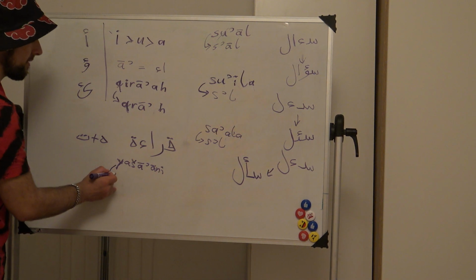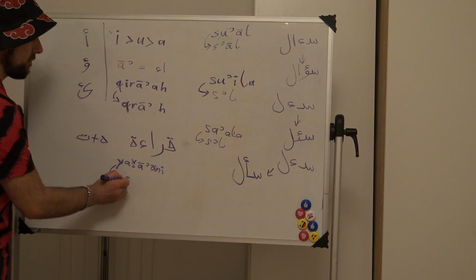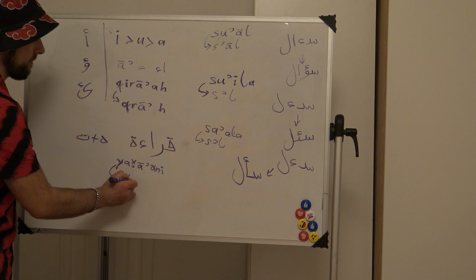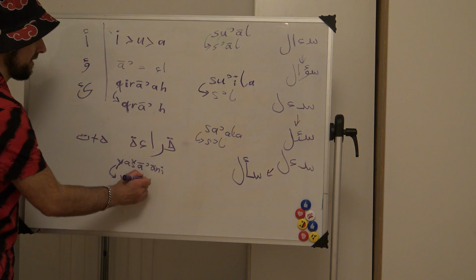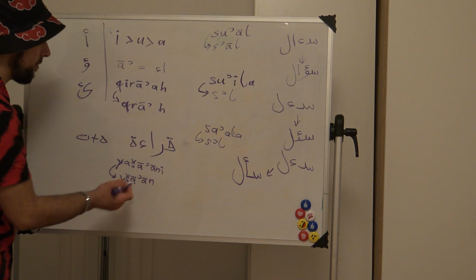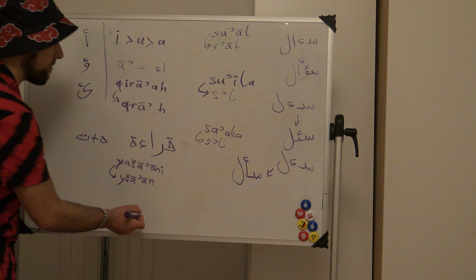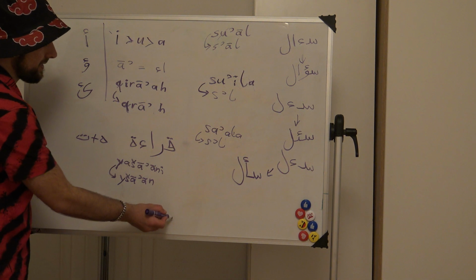Now let's cut it. Y, sh, long A, Hamza, long A. Now transforming it into the Arabic script. Now, what is this?